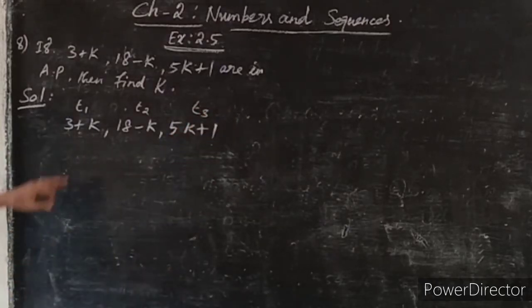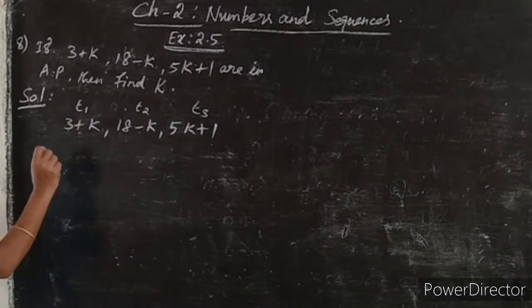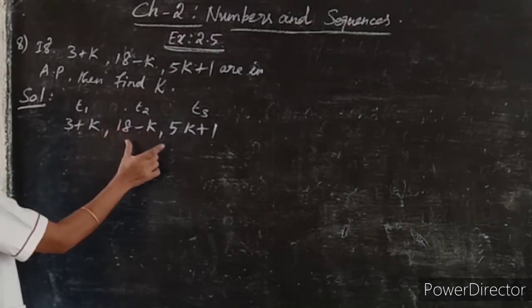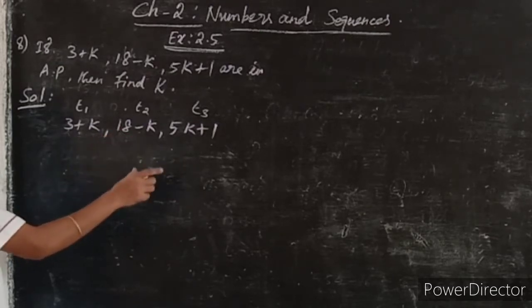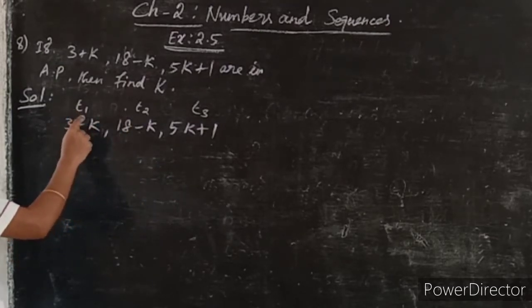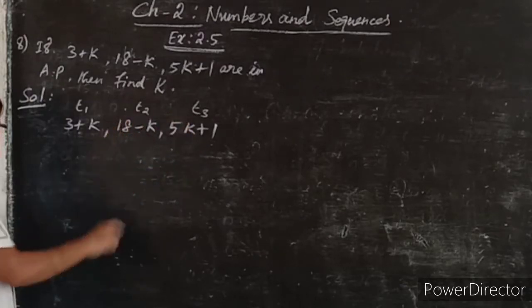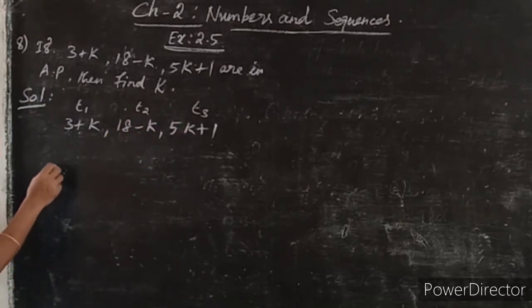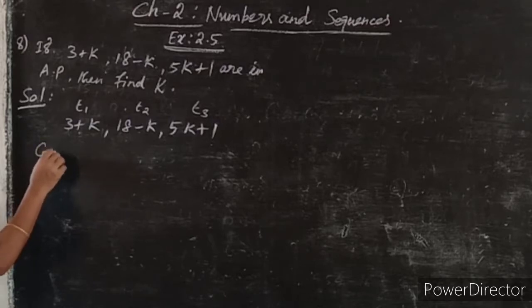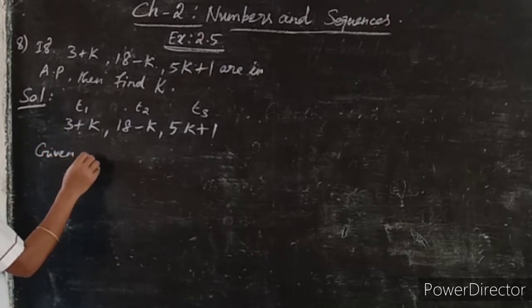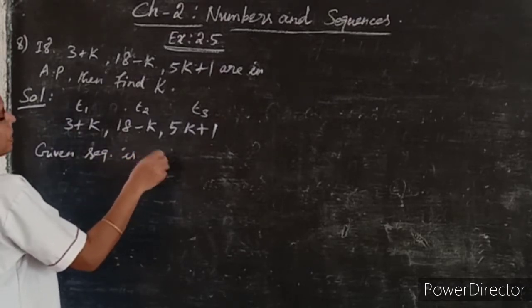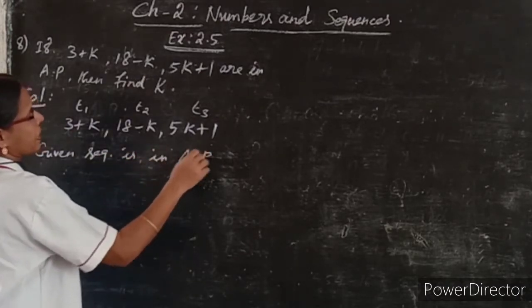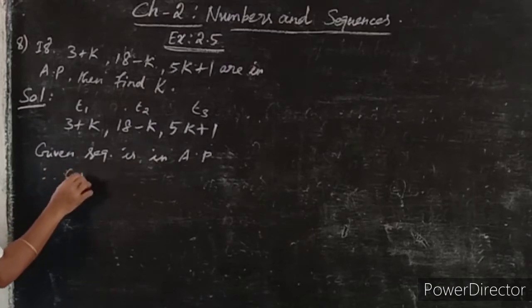How to find k? We should frame one equation. Here, the required equation is what? This sequence is in AP. That means the common difference is the same. That is T2 minus T1 is equal to T3 minus T2. That is our required equation. So the given sequence is in AP. Therefore the common difference is the same.